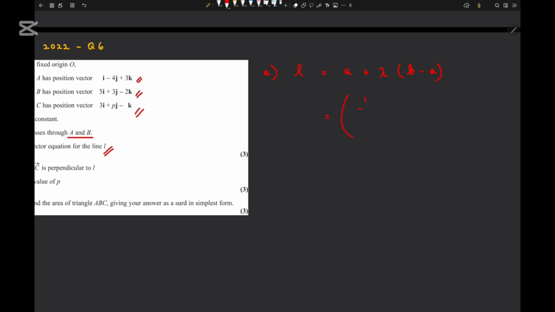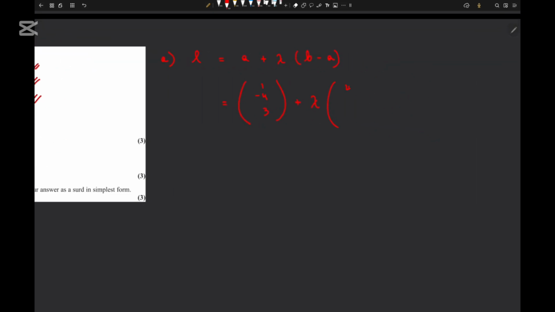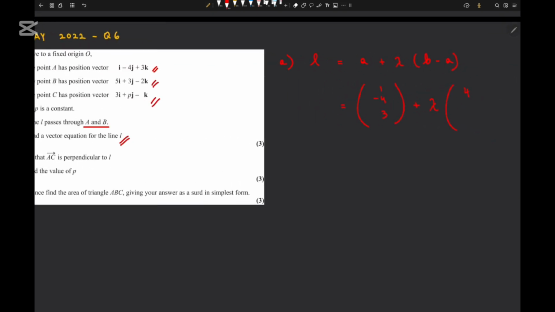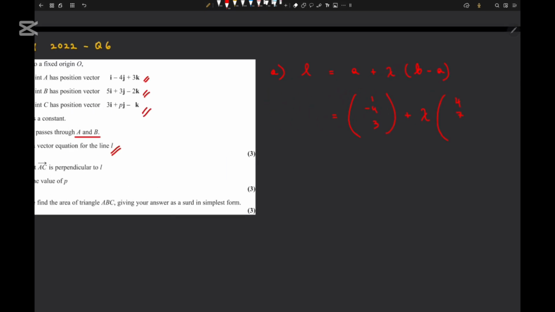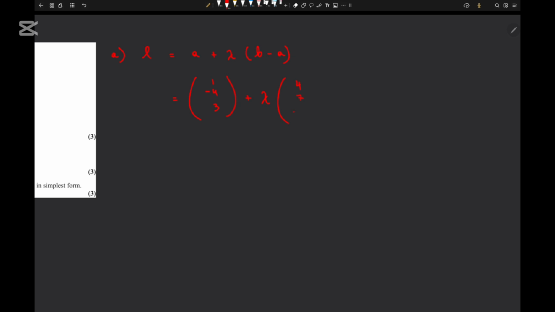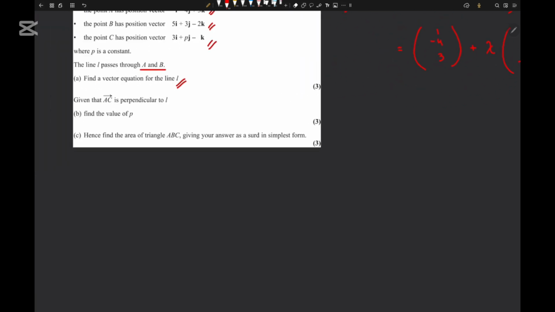So that's 1, minus 4 and 3 plus lambda B minus A. So it's 5 minus 1, which is 4, and 3 plus 4, which is 7, and minus 2 and minus 3, which is minus 5. So this part is at its simplest form, so we don't need to simplify this further. So this is the equation for line L.